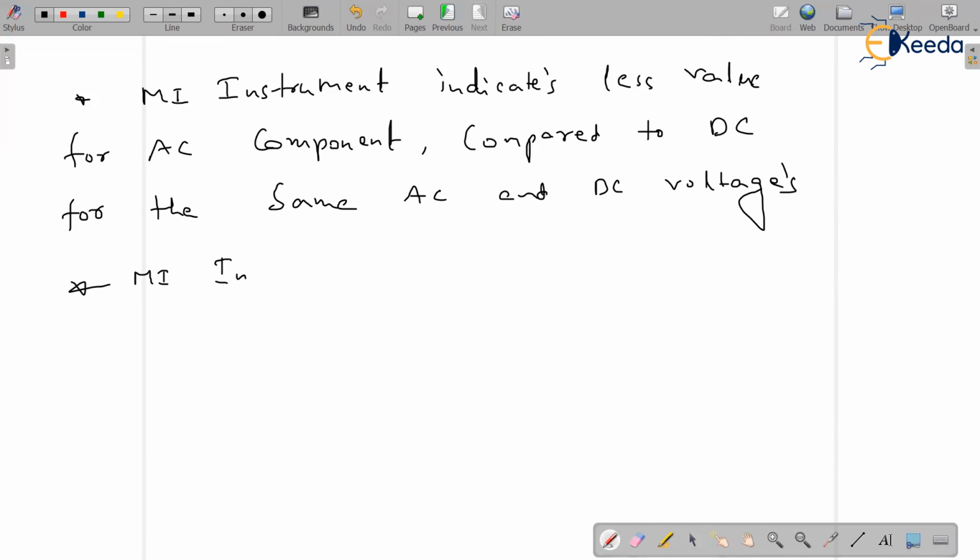MI instruments are practically used for 50 hertz.